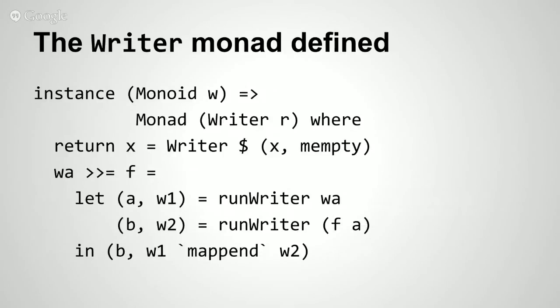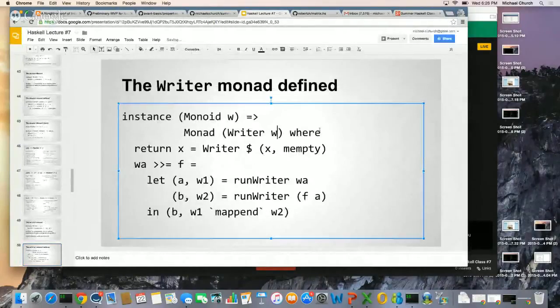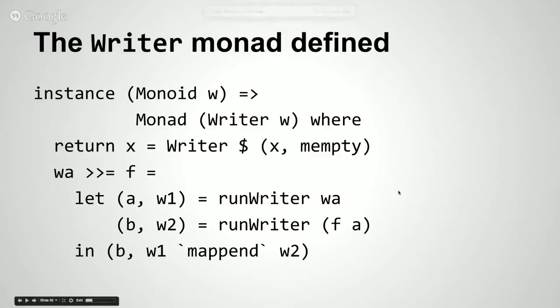When W is a monoid, I'm sorry, writer R, that should be W, let me change that. Writer W is a monad. So return X is going to be the writer that gives you X, and since it doesn't do anything stateful, it returns the empty in that monoid W.